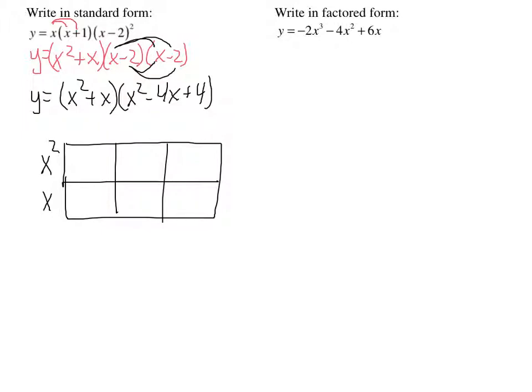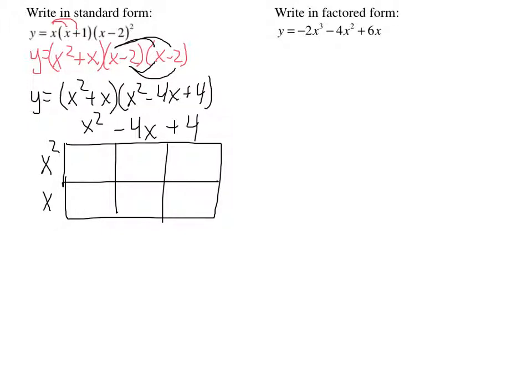What's going to be on the top is the x squared minus 4x plus 4. Now, can we use this like a multiplication table, meaning x squared times x squared, times negative 4x, and fill in the boxes? Do you understand we're going to get 6 terms, but will some of them combine? We're going to get 6 terms. Some of them will combine, and then we put it in standard form.